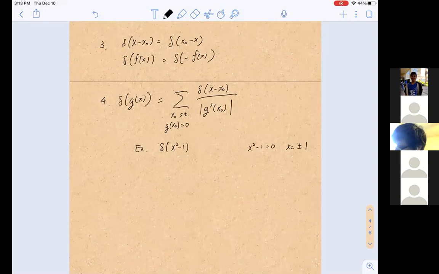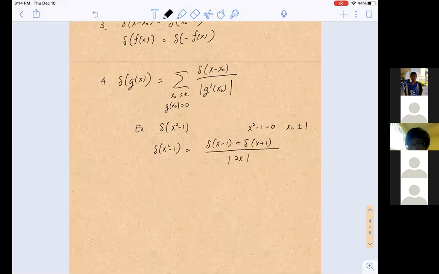So delta of x squared minus 1 is delta of x minus 1 plus delta of x plus 1. Now divide by the derivative of x squared minus 1, which is 2x. And make sure you take the absolute value. That's the example.